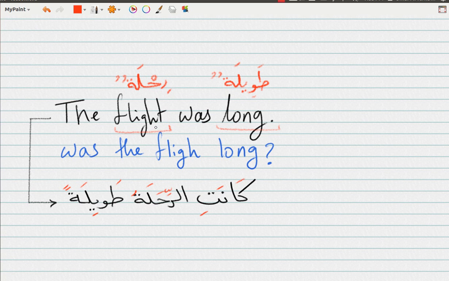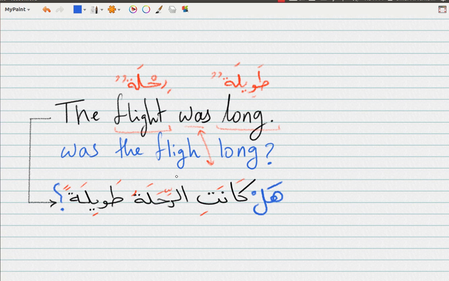Now, the translation for the flight was long would be كانت الرحلة طويلة. Now, transform that into a question. We would put هل in front, a question mark at the end, and read this.